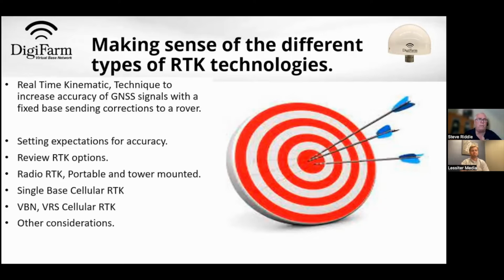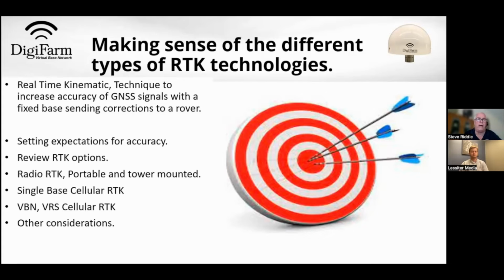So real-time kinematic, thus RTK, basically this could have been 2 pages, but it's more or less a technique to increase the accuracy of GPS signals with a fixed base sending corrections to a rover, which would be you and your GPS system in the field.